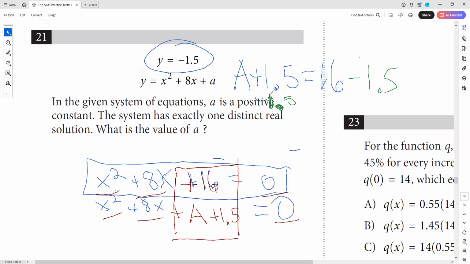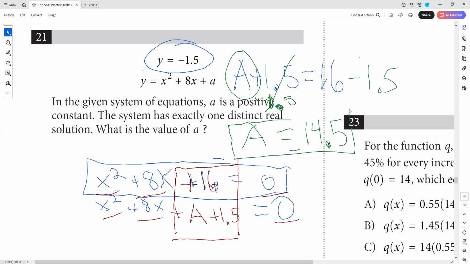It's a little messy because my computer, but hopefully you get the idea. That cancels and it leaves me my A alone over there. So A is equal to 16 minus 1.5. That would be 14.5.